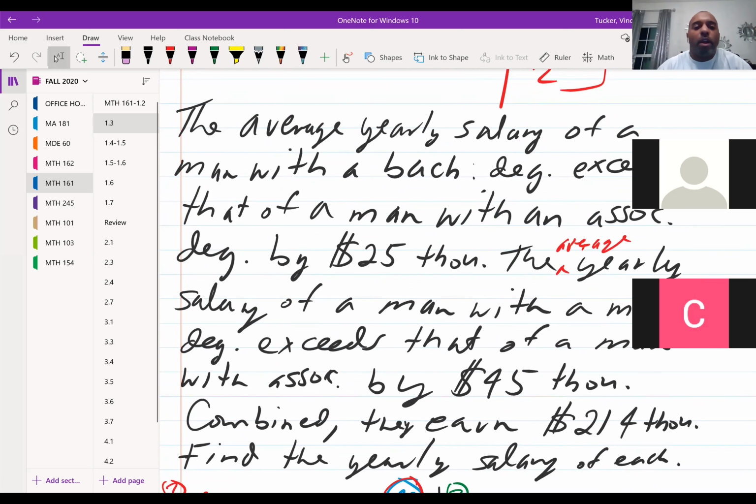The average yearly salary of a man with a bachelor's degree exceeds that of a man with an associate's degree by $25,000. The average yearly salary of a man with a master's degree exceeds that of a man with an associate's degree by 45,000. Combined, they earn $214,000. Find the yearly salary of each. So I'll give you a chance to write that out.